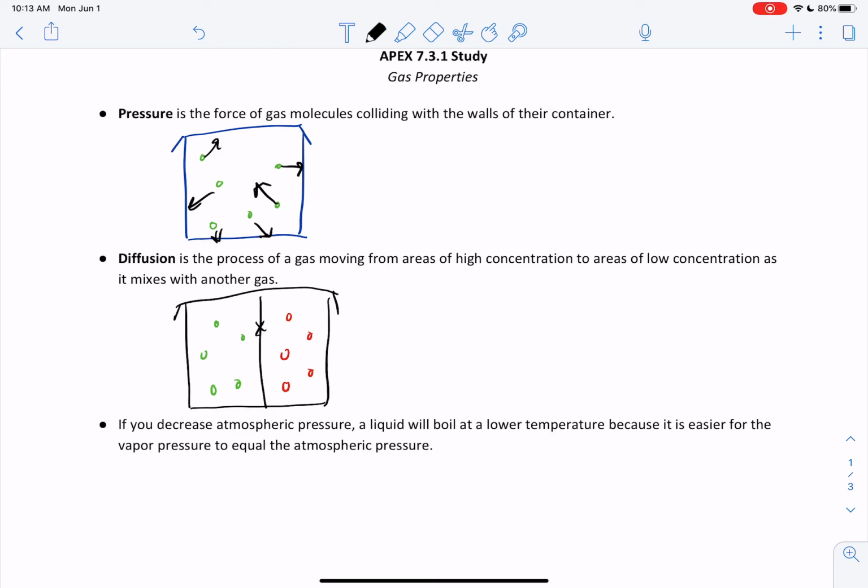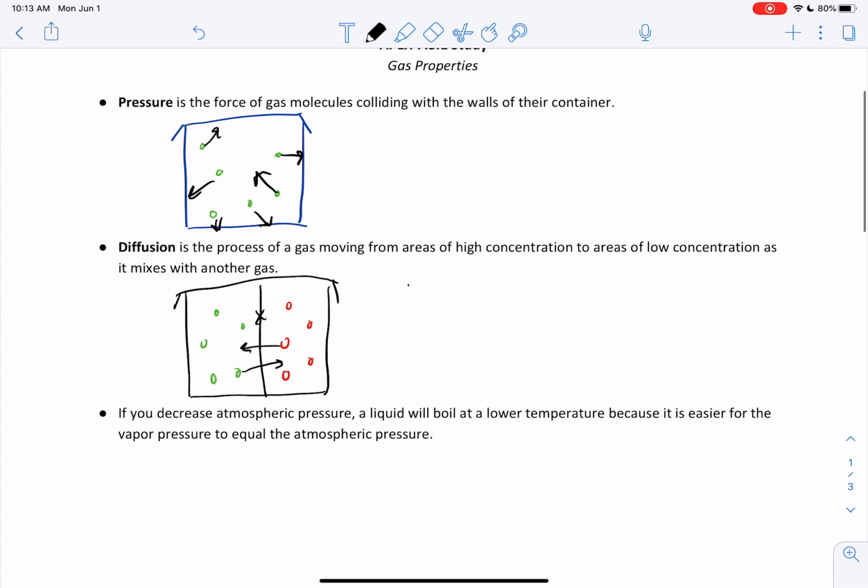They're going to go from a higher concentration to a lower concentration. So these green gas particles are going to go from a high concentration of green to a low concentration of green, which is going to make them move this way. The red molecules are going to go from a high concentration of red to a low concentration of red, which will make it go this way. And eventually it'll disperse so that they're all evenly spread out, and your result will look something like this.